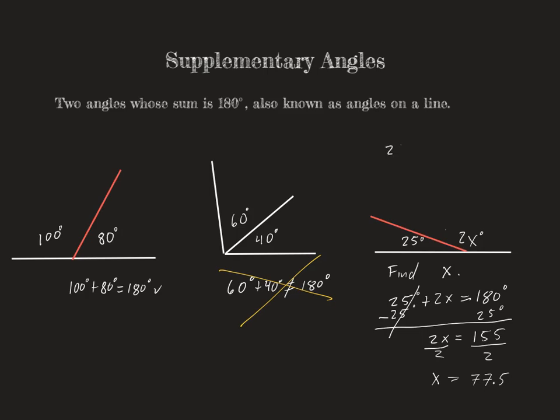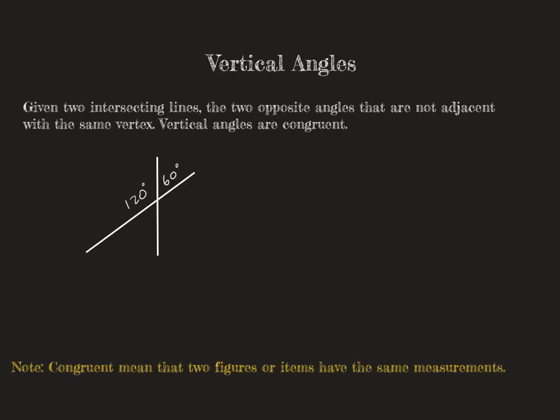I'm going to put 25 plus 2 times 77.5. So that's going to be 25 plus 155, and that equals 180. So it works.